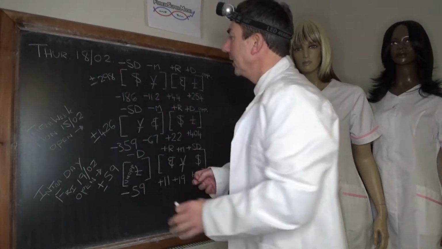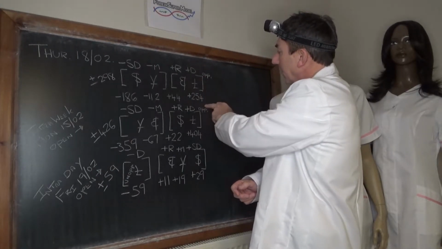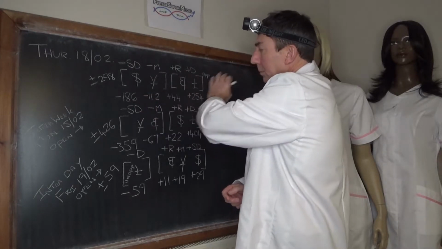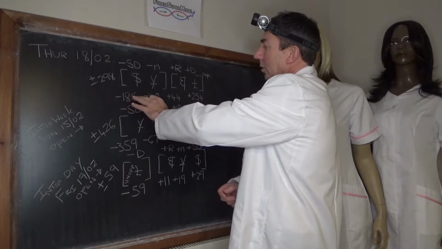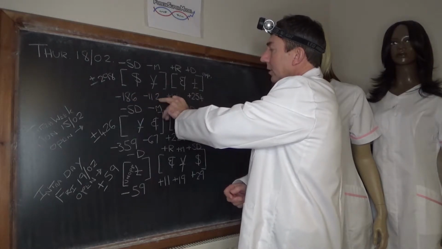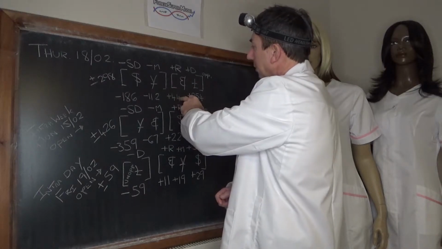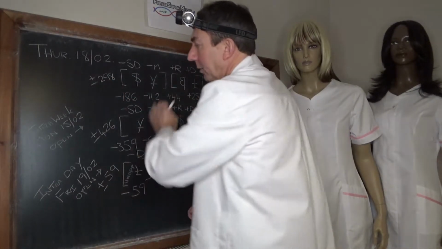Yesterday, Thursday the 18th, we had an opposed positive driver in the pound at plus 254. Front and back door flows going predominantly out of the dollar at minus 186, next out to the yen at minus 112, and the euro was the positive rock at plus 44 on activity of plus or minus 298. Now we're intra-week.